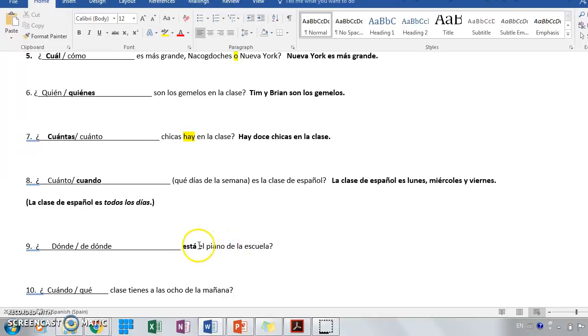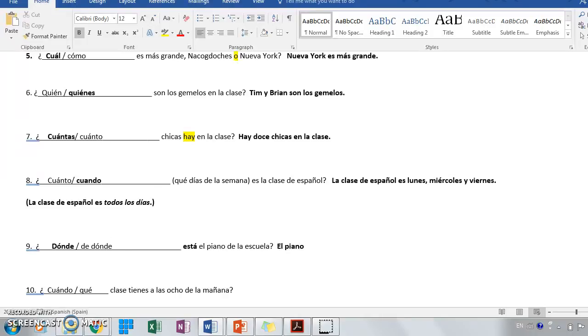But we see here está, which is our verb that we use when we're talking about location. So the thing that would make more sense would be to say, where is the piano? Okay? And in order to answer, we just start off with our noun, or our subject, which is el piano.